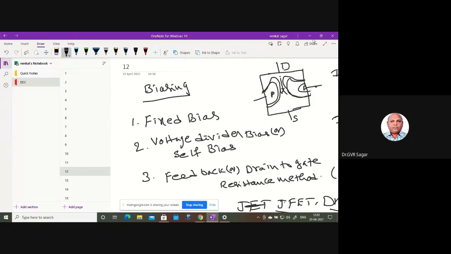Fixed bias and voltage divider bias are applicable for all JFETs, D-MOSFETs, and an extra method, drain to gate resistance, is applicable only for the E-MOS, the enhancement MOSFET. How biasing is applied and how it happens, we'll see in Thursday's class.